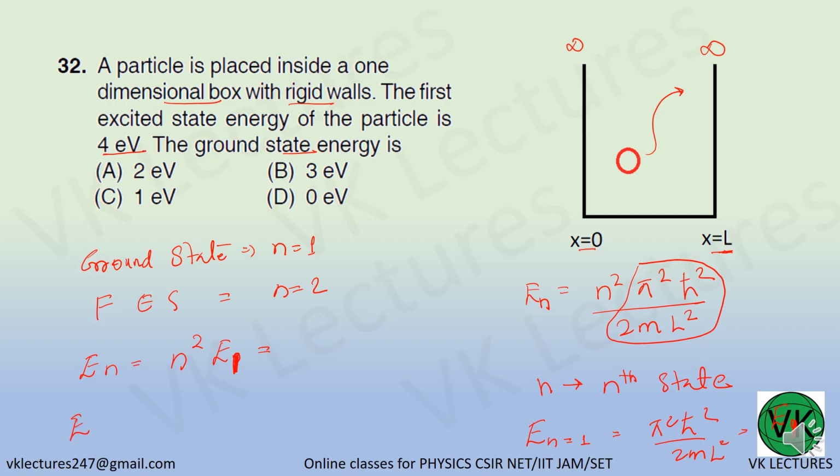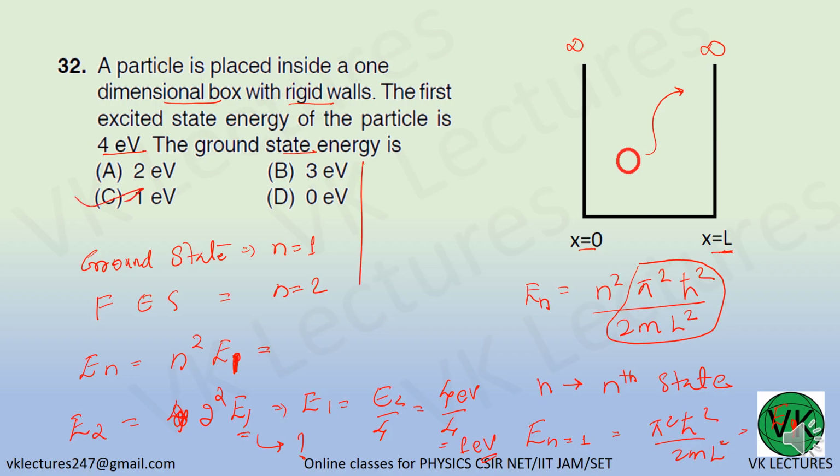That means E2 is equal to 2 square into E1. What is the question? Ground state energy E1. Then E1 will be equal to E2 divided by 4. What is that value? 4 electron volt divided by 4, which is nothing but 1 electron volt. This is the ground state. So option C is your answer.